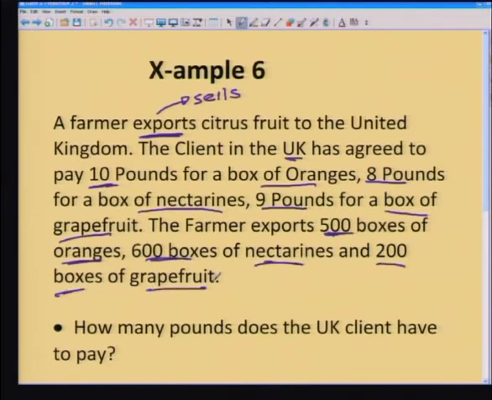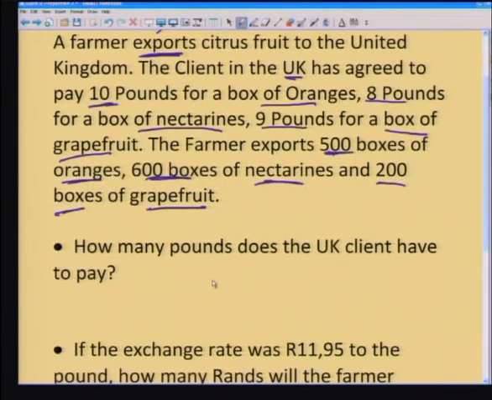So they've given you a whole lot of information here, a lot of conclusions that we can make from this. But let's look at what the question asks. They want to know how many pounds the UK client has to pay.